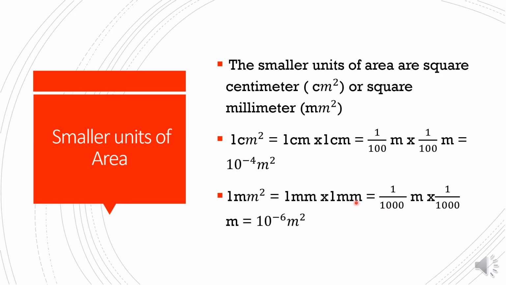In place of each 1 millimeter we can write 1 upon 1000 meter. So 1 upon 1000 meter multiplied by 1 upon 1000 meter equals 10 raised to the power minus 6 meter square.